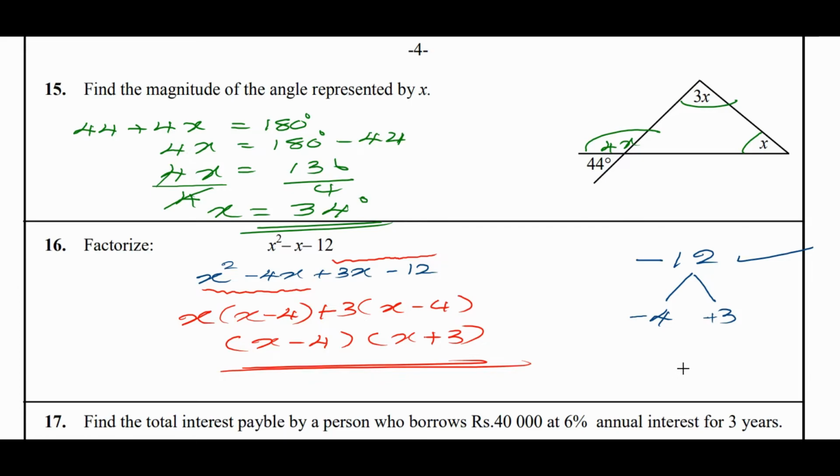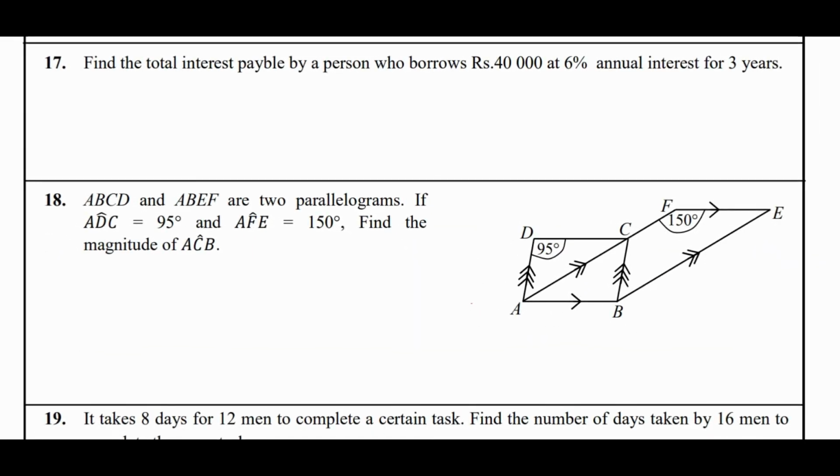Let's try the next question. Question 17. Find the total interest payable by a person who borrows 40,000 rupees at 6% annual interest for 3 years. First of all, we have to find the interest for 1 year.